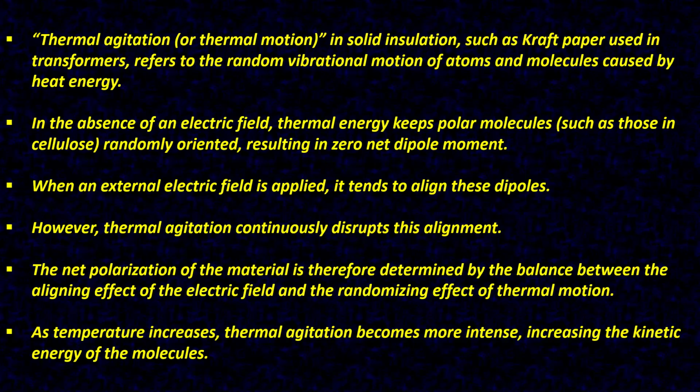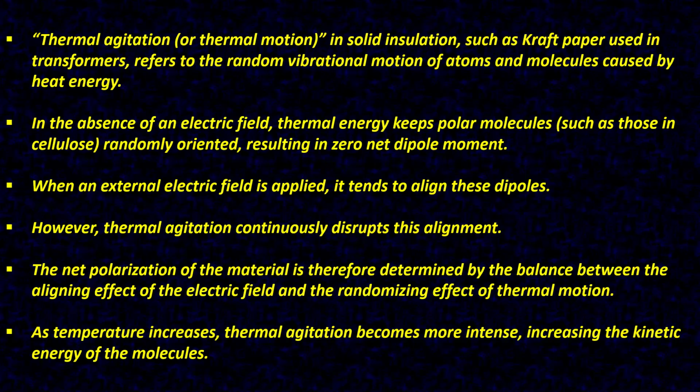In the absence of an electric field, thermal energy keeps polar molecules such as those in cellulose randomly oriented, resulting in zero net dipole moment. When an external electric field is applied, it tends to align these dipoles.